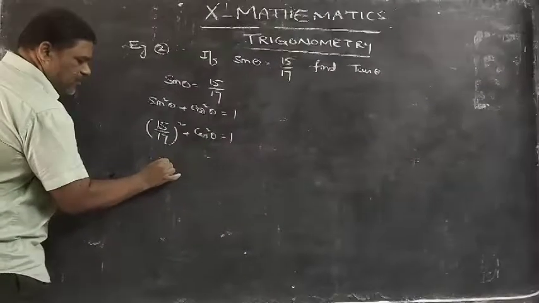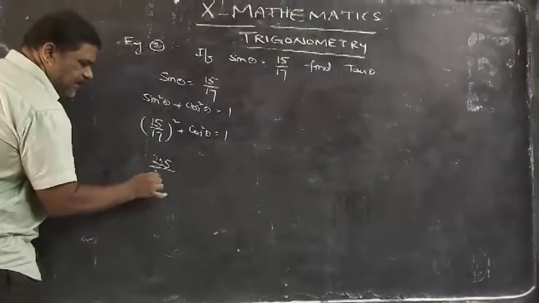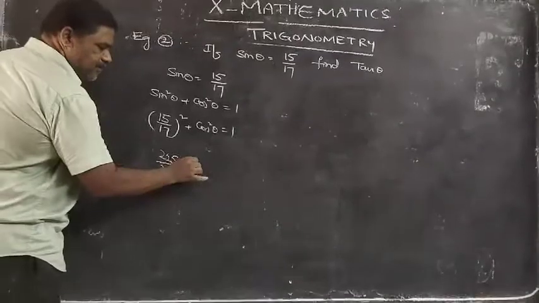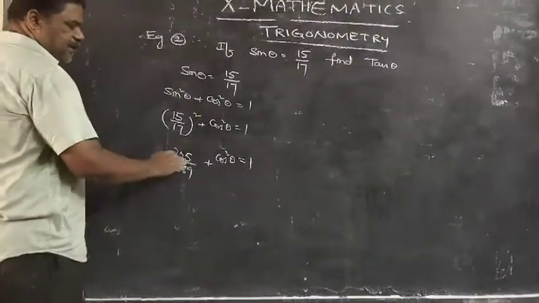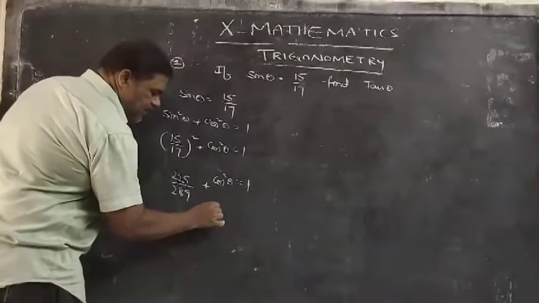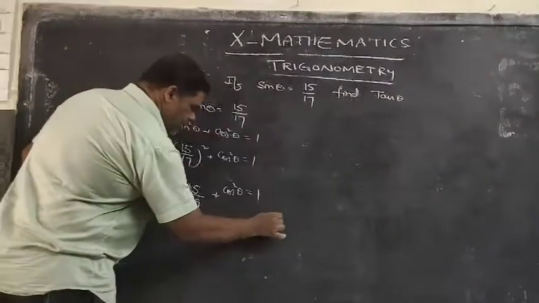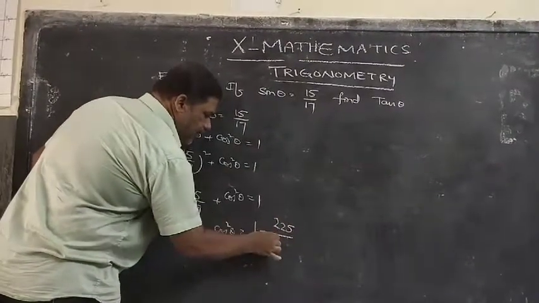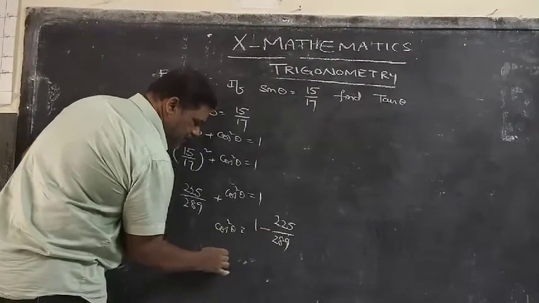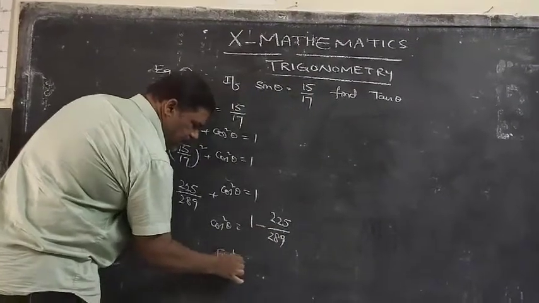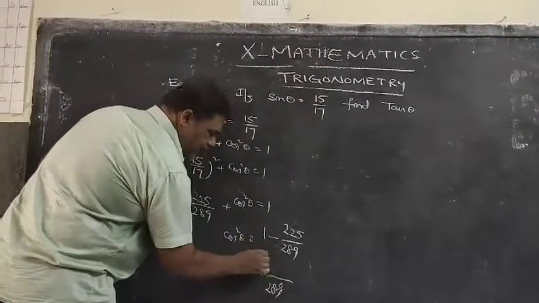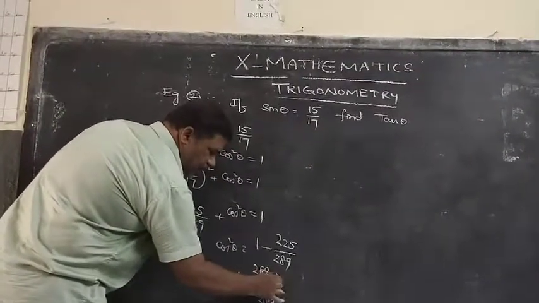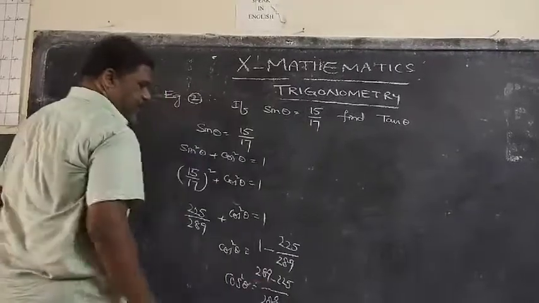15 square is 225. 17 square is 289. Send this that side. Cos square theta is equal to 1 minus 225 by 289. So cos square theta is equal to, LCM is 289, 289 into 1, 289 minus 225.